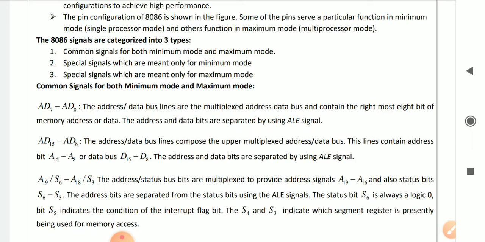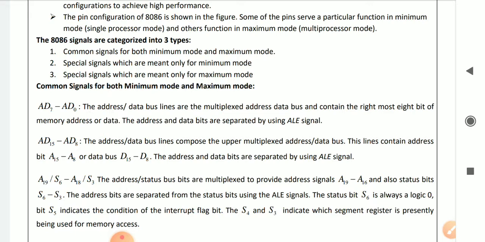Now, in 8086, the size of the address bus is 20 bits. Only up to 16, D0 to D15, are multiplexed with A0 to A15, meaning 16 bits of the address are multiplexed with 16 bits of the data bus.